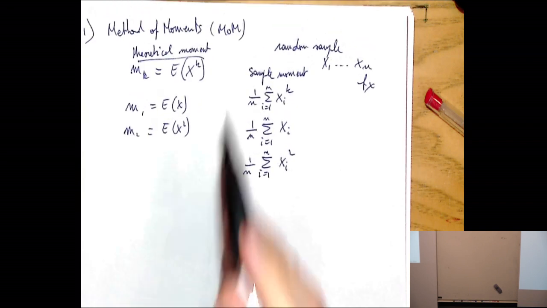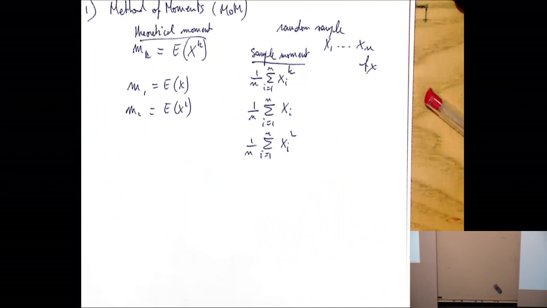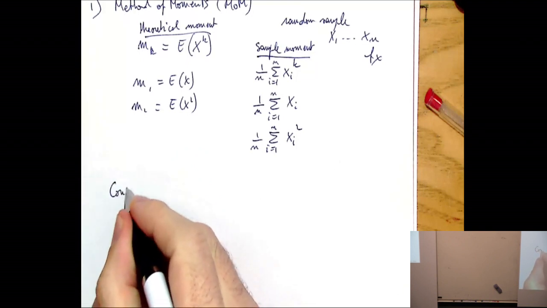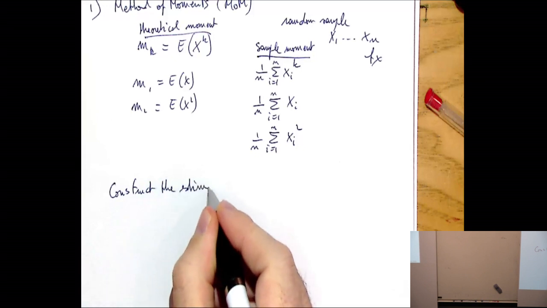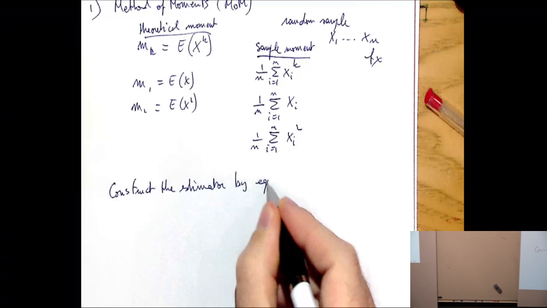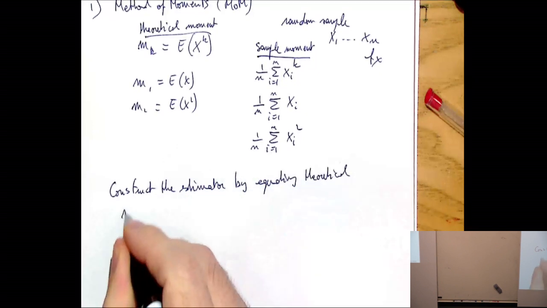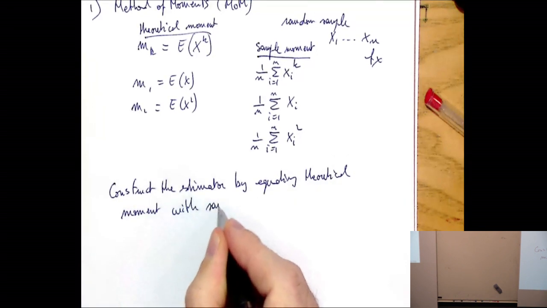So we have the sample moment and the theoretical moment. In the method of moments, we construct the estimator by equating the theoretical moment with the sample moment.